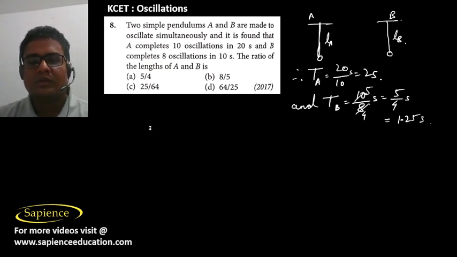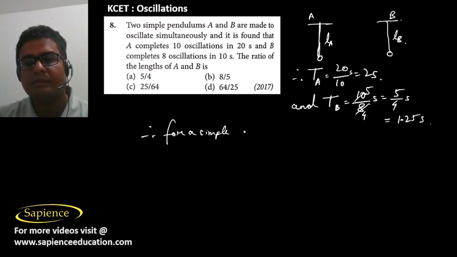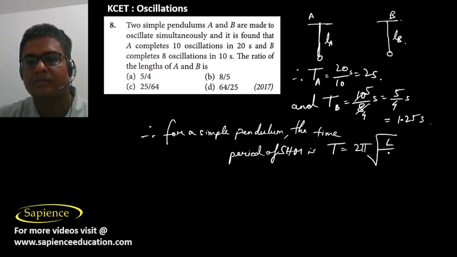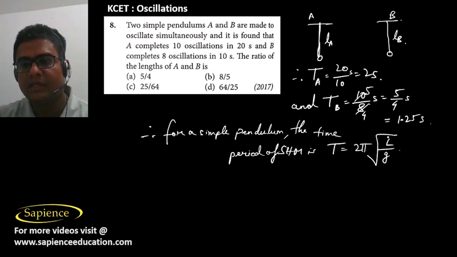Now we know that for a simple pendulum, the time period of SHM is given as T equal to 2 pi root under L by g, where L is the length of the string in the simple pendulum and g is the acceleration due to gravity.